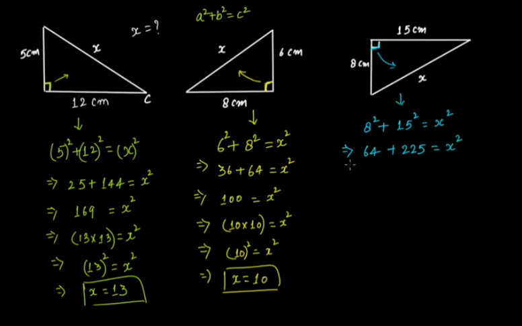Now if we solve this one, it will be 289 is equal to x square. This will be 17 square equals x square, and this will give you x is equal to 17.